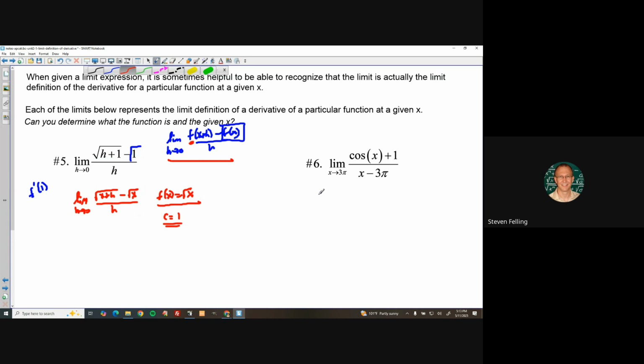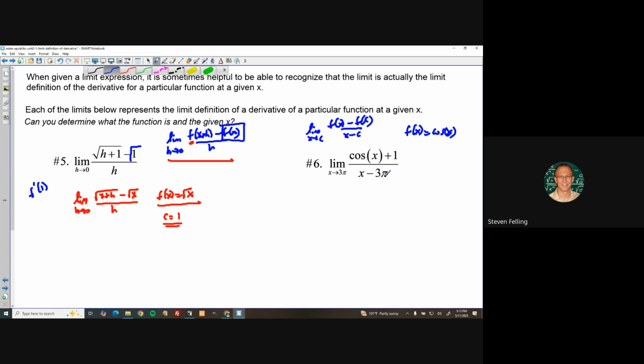And this one, let's see, this is the other structure. So we also know that the limit as x approaches some constant c of f of x minus f of c over x minus c is another structure that gives me a derivative of a function. This appears to be the function f of x is cosine of x, right?